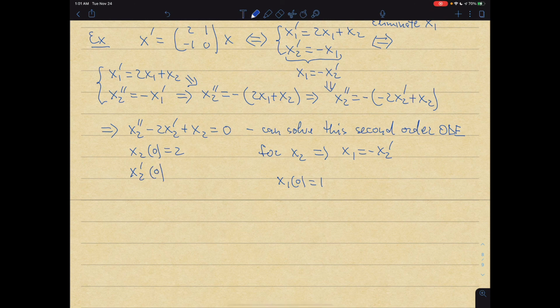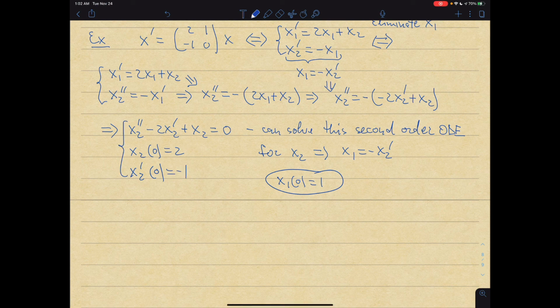The only thing that I have is x1 of 0. But from here, we know that x2 prime is minus x1. So when t is equal to 0, x2 prime is equal to minus x1 of 0, but x1 of 0 is 1. So x2 prime of 0 is minus 1.